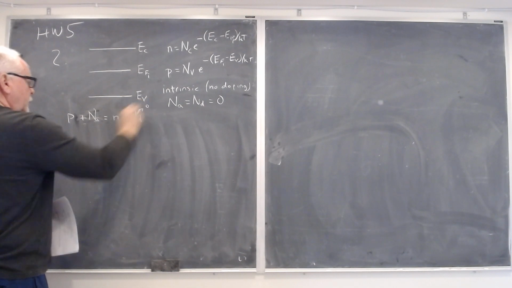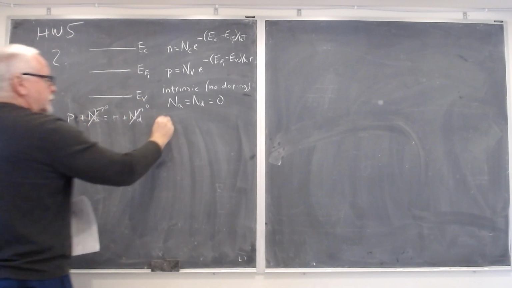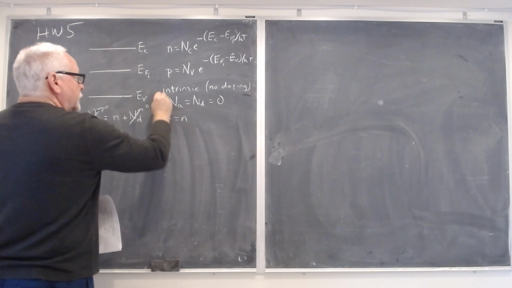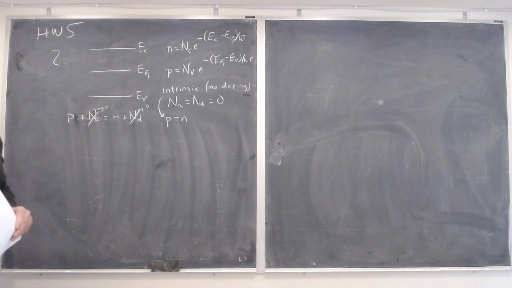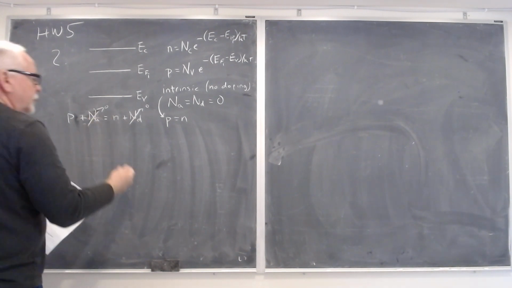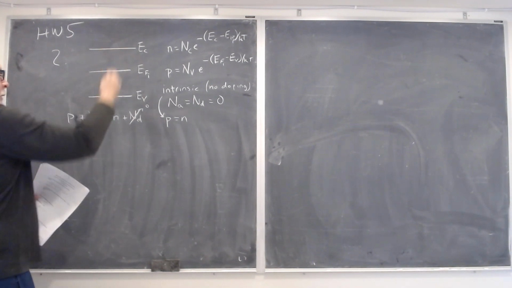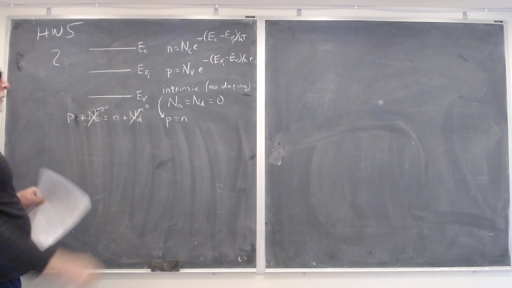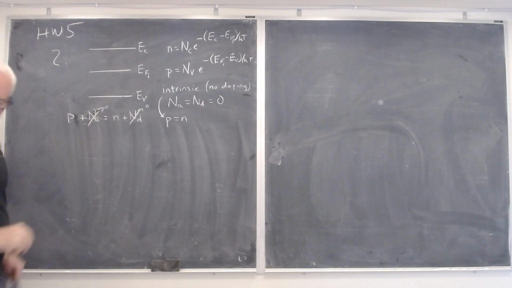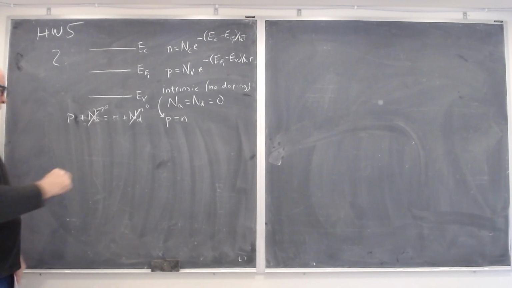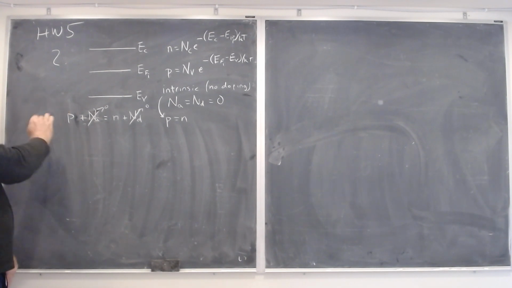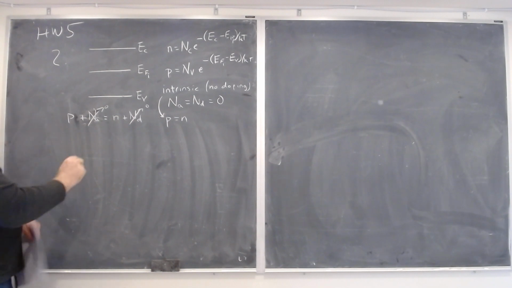But those are 0 in the intrinsic case, so p equals n. Which of course makes perfect sense, right? Because if there's no doping, any electrons up here left behind holes down there. And so now we just do the math.